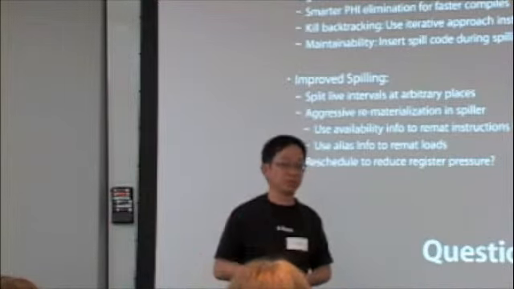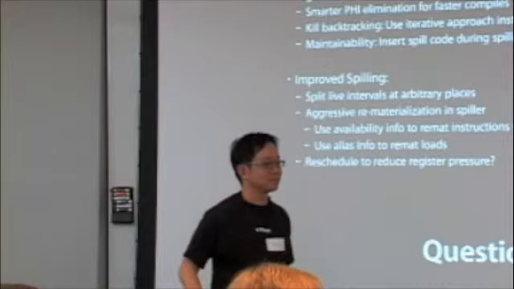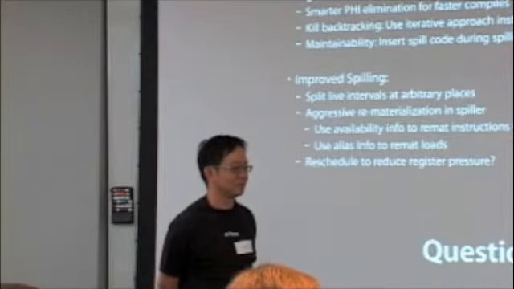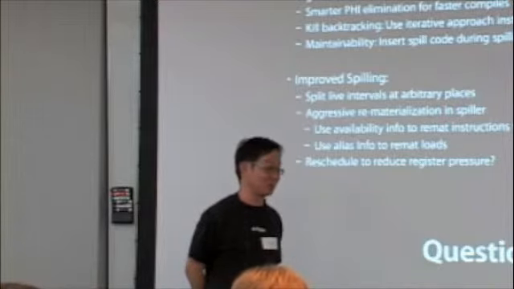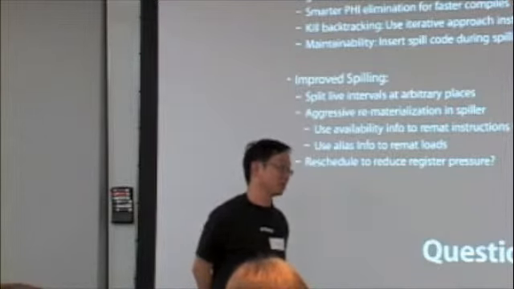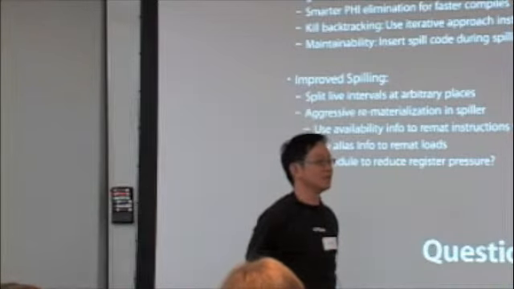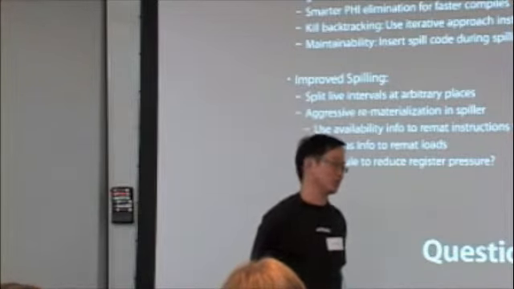So the scheduler actually does try to reduce register pressure for x87, where the register resource is extremely constrained. So the register allocator can only do so much.